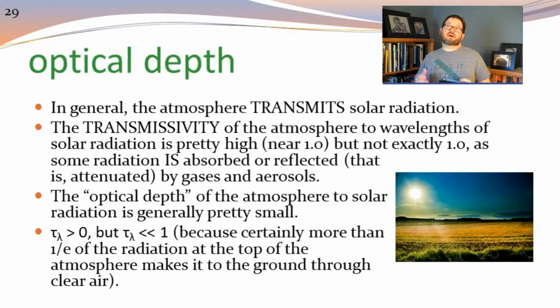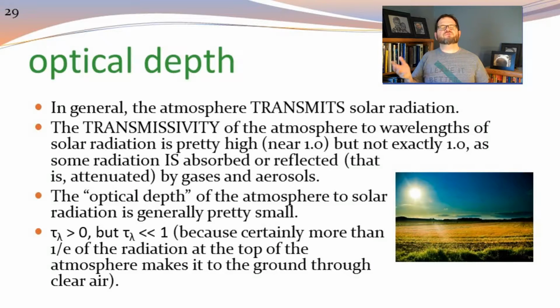So, for example, let's think about the optical depth of the atmosphere for shortwave radiation. With the exception of things like clouds, or maybe particularly polluted situations, by and large, shortwave radiation from the sun is generally transmitted through the Earth's atmosphere. The transmissivity of the atmosphere is pretty high.